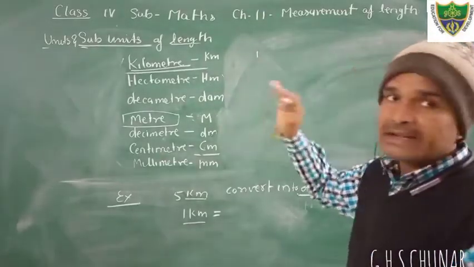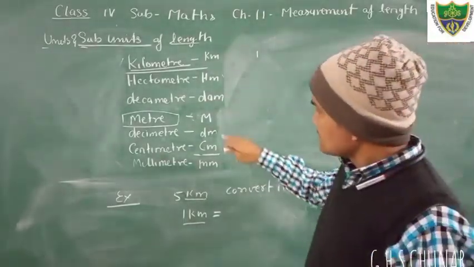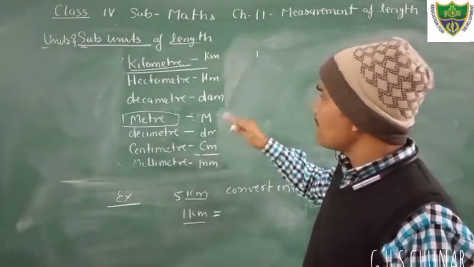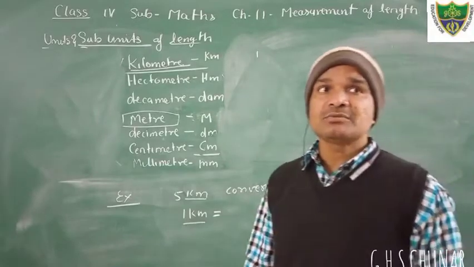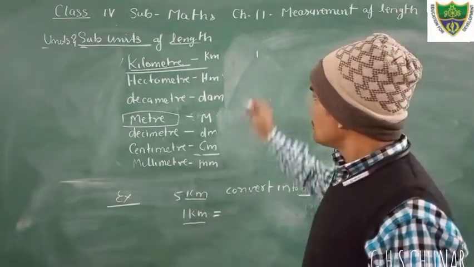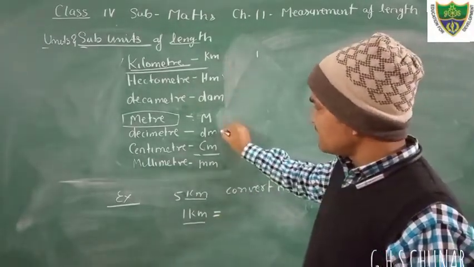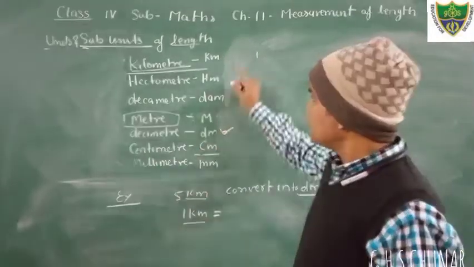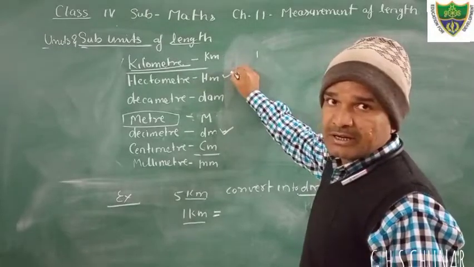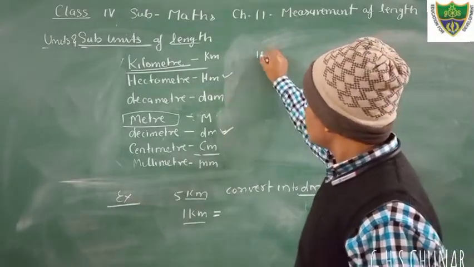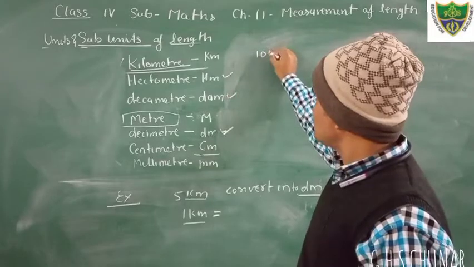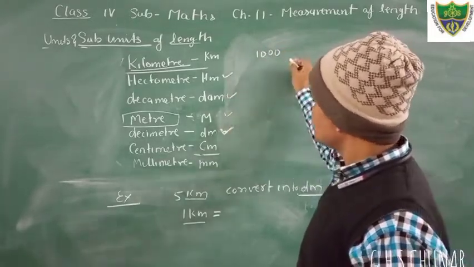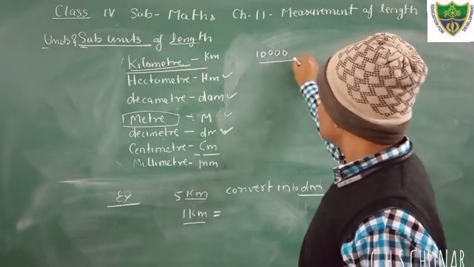Now, to reach the decimeter, how many units do we have to go? That is, first we go at the hectometer, that is 10, then decameter 20, then meter 30, and then decimeter, that is 40.